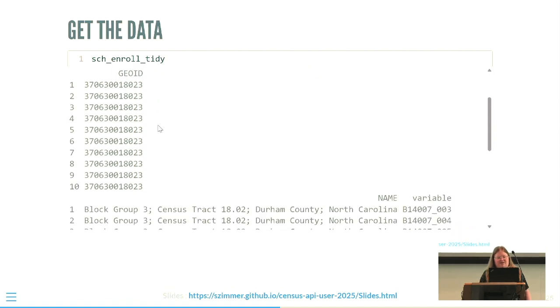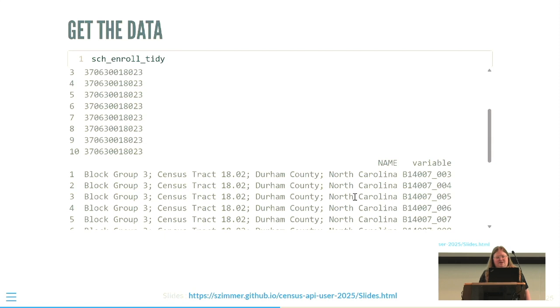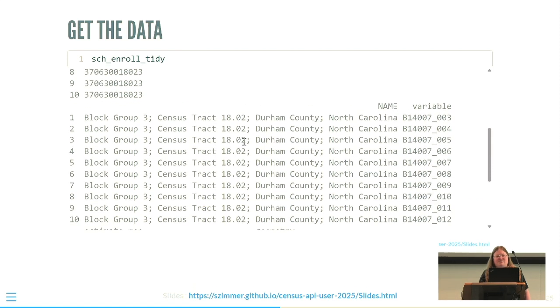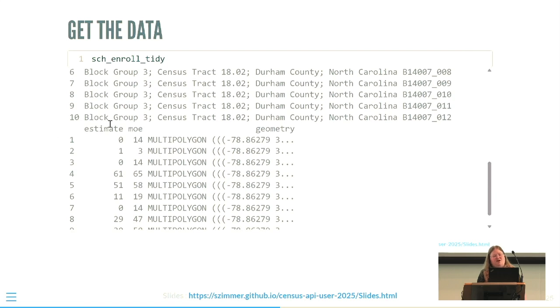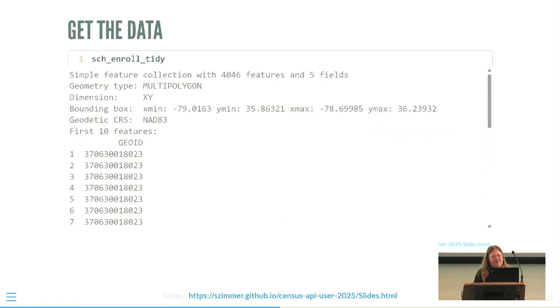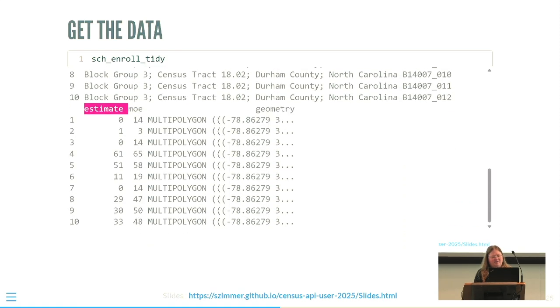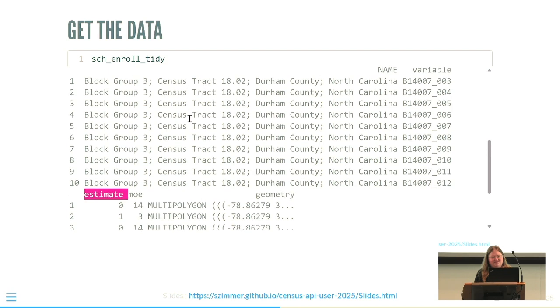It has your ID and the name of the area. If you were doing something at the county level, it would simply have the county name. Block groups and tracts are just numbers. Like I said, they don't mean anything. They're just statistical areas. But then it has this column called estimate. That's our estimated number of people that are, what is it, B14007_003.